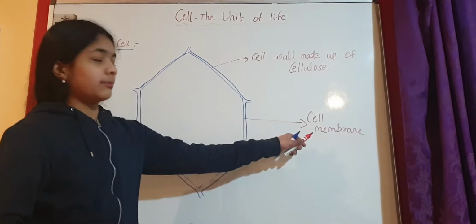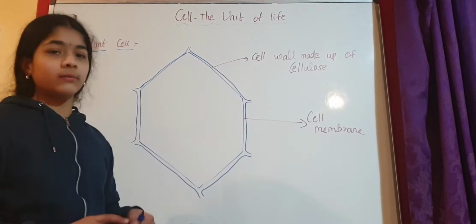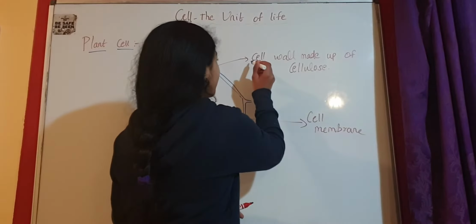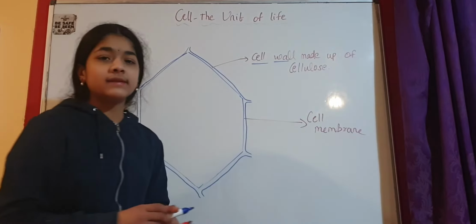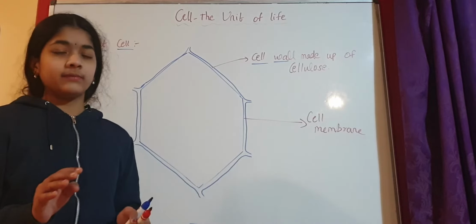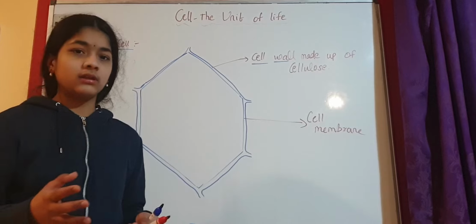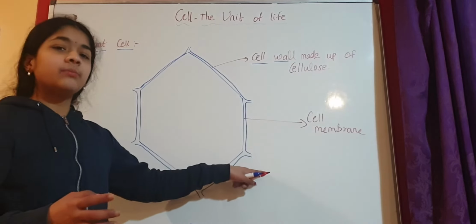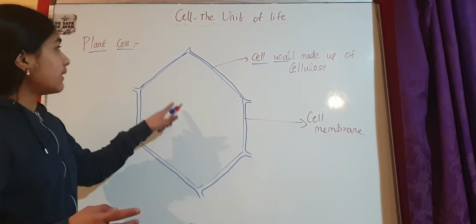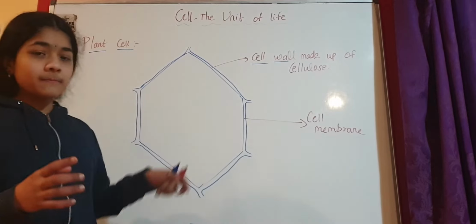So we have talked about the cell membrane and the cell wall. Now what is the function of the cell wall? The cell wall basically protects the cell and gives a proper structure to the cell. It's a very hard, rigid protective layer, and that's why a plant cell has a fixed shape.